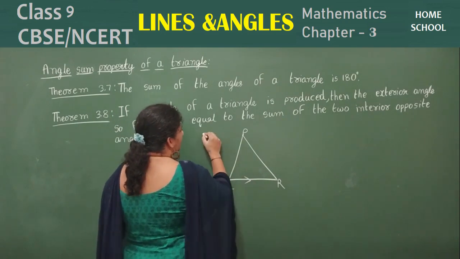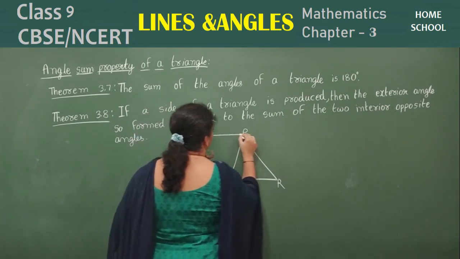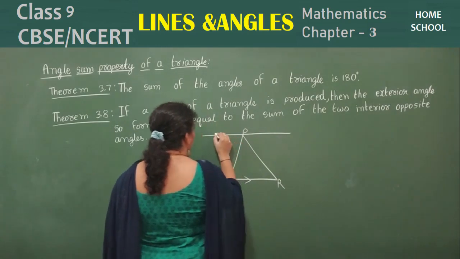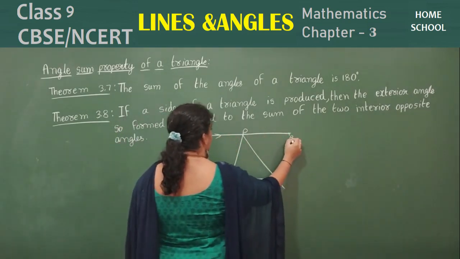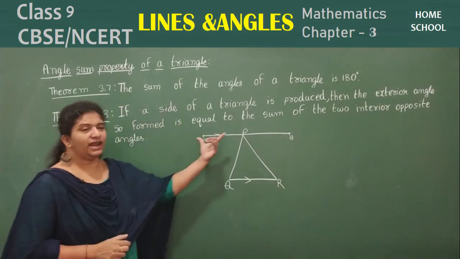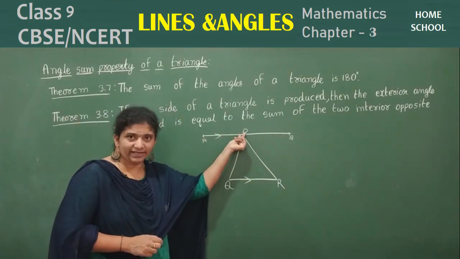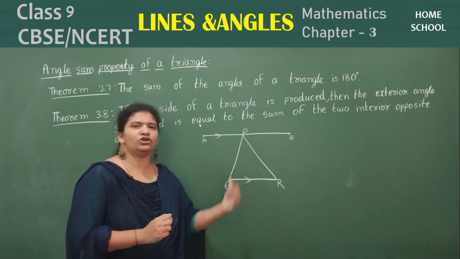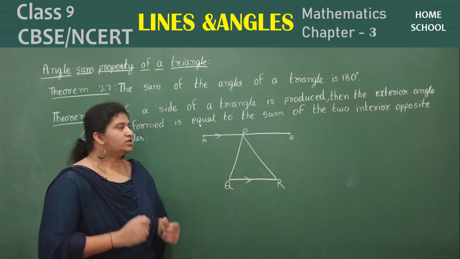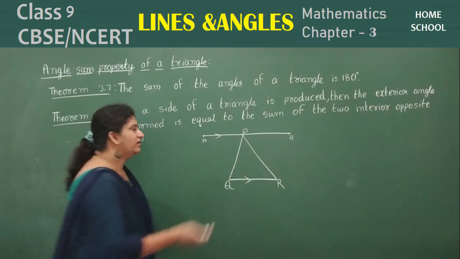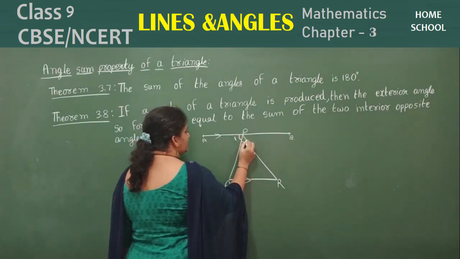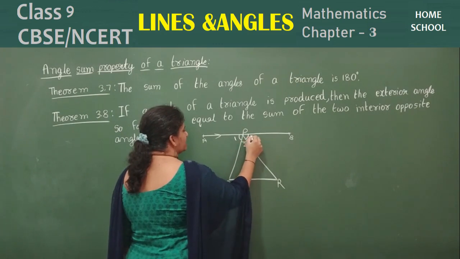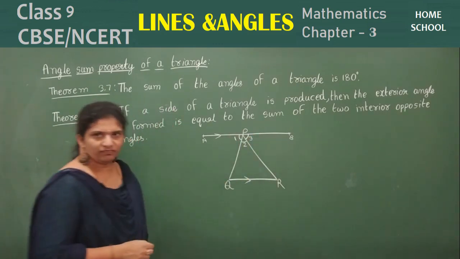Draw a line parallel. Let me mark this A and this B. Draw a line AB through vertex P parallel to QR. Okay, so what happens here children? Let me mark now angle 1 and this angle is 2 and this angle is 3.